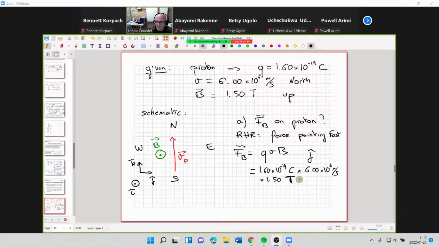And you are along J hat, and you will obtain a magnetic force which is equal to 1.44 10 to the minus 12 Newton, and in this example will be along J hat.